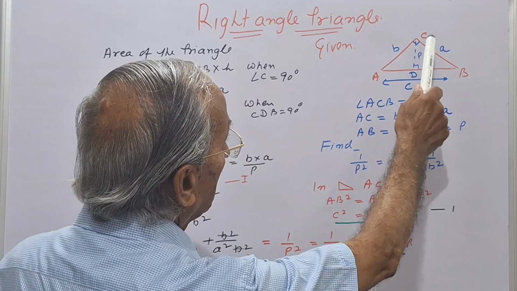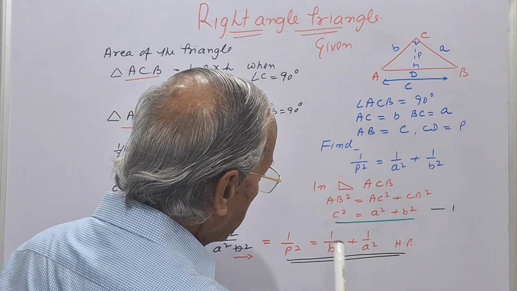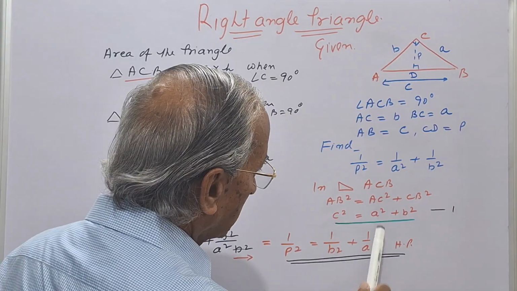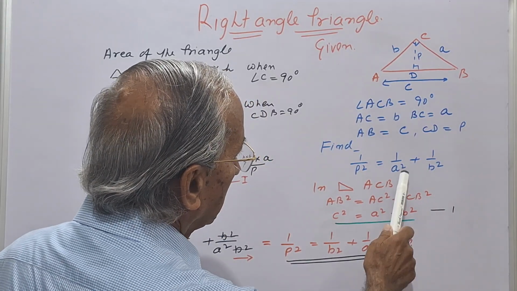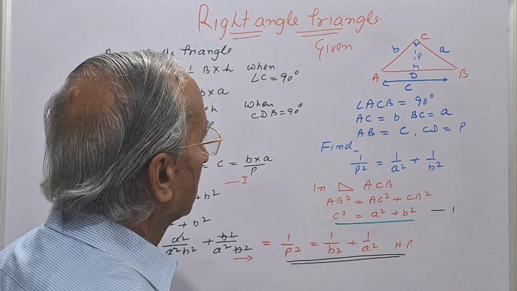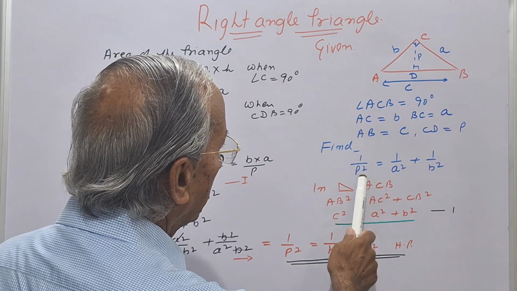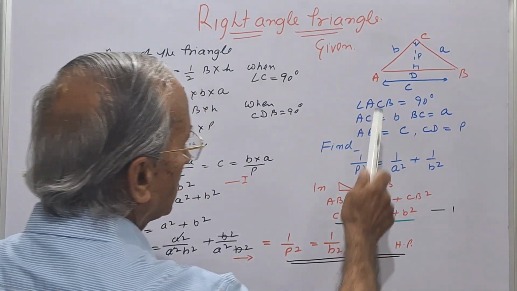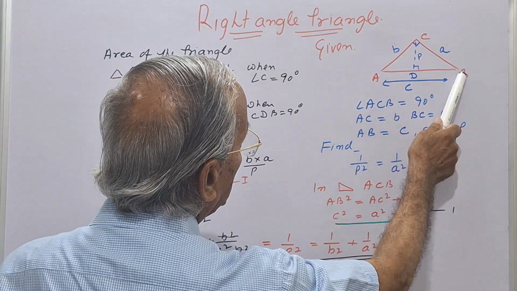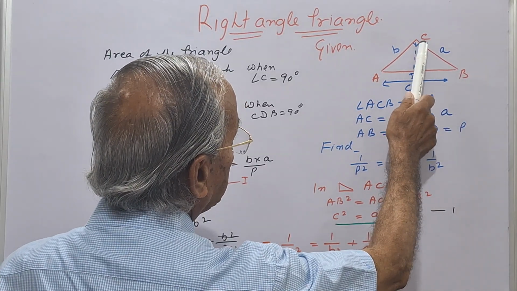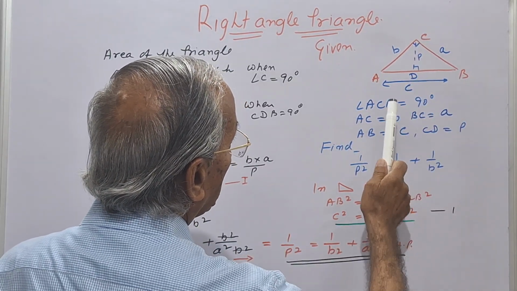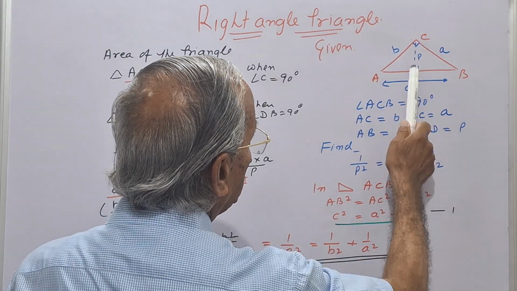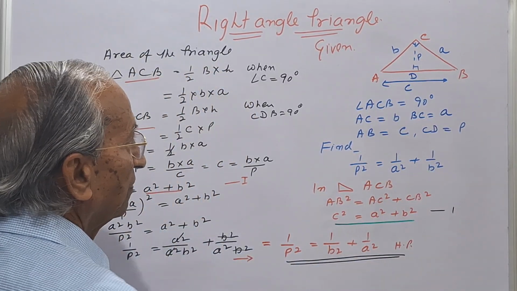It means in the case of 1 upon P square is equal to 1 upon B square plus 1 upon A square, A and B are given to you and we have to find out the value of P. So if you see the area of the ACB when it is right angle at C and the area of the ACB when CDB is right angle.